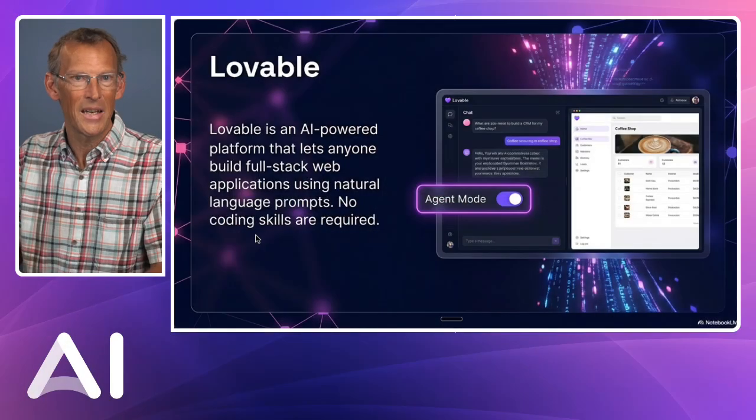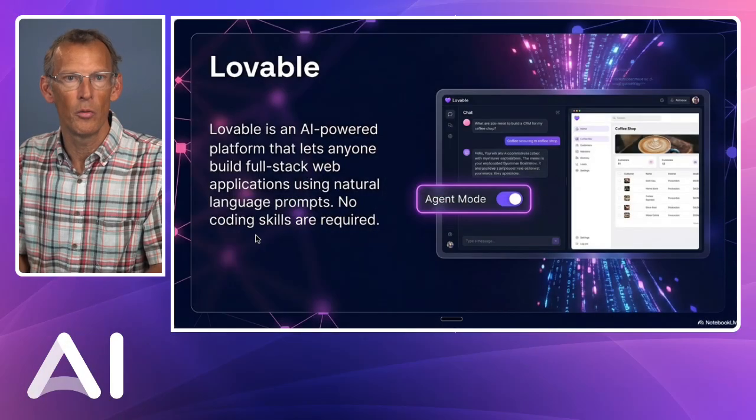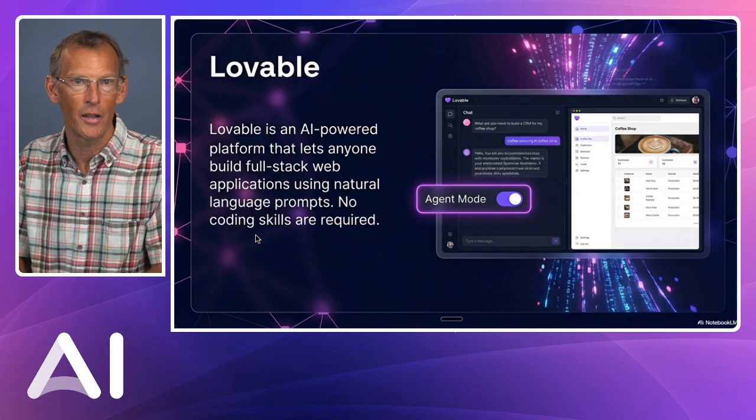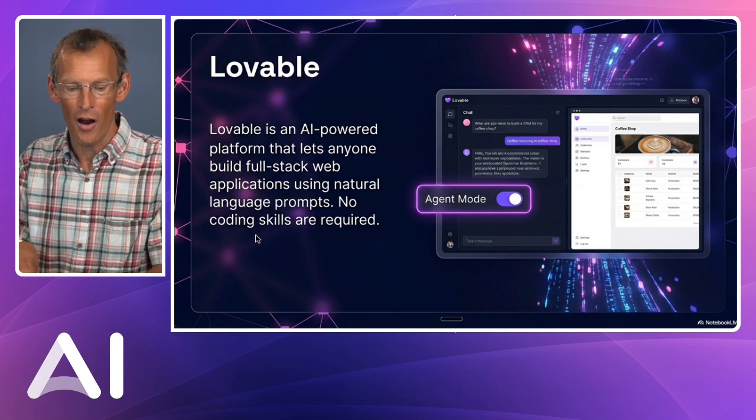It's good at what it does. But also, for a non-coder like me, it's got a much more user-friendly interface. Lovable is basically an AI-powered platform that lets anybody, you, me, build full-stack web applications using natural language prompts. No coding skills are required, which is great because I don't have those.